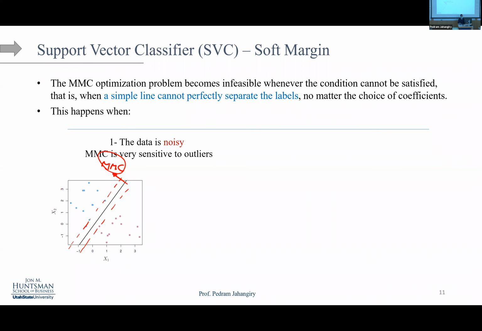But what if there is an outlier in this data set? What if I add this blue dot here? If I add this blue dot here, the entire MMC is going to be rotated very sharply. Does everyone see that?